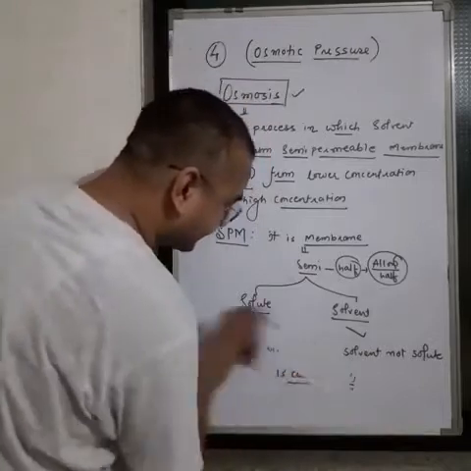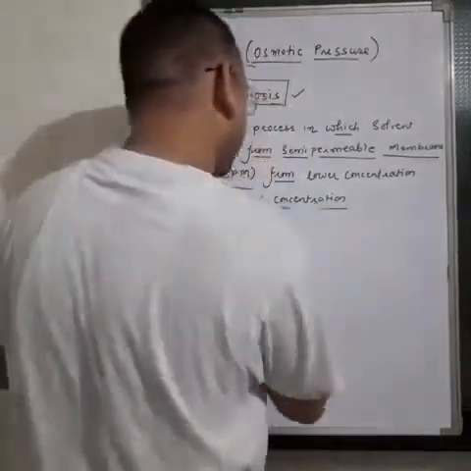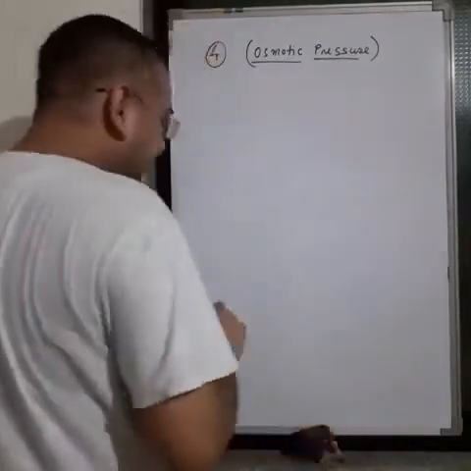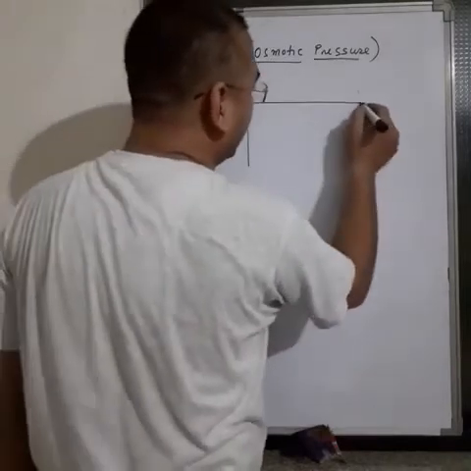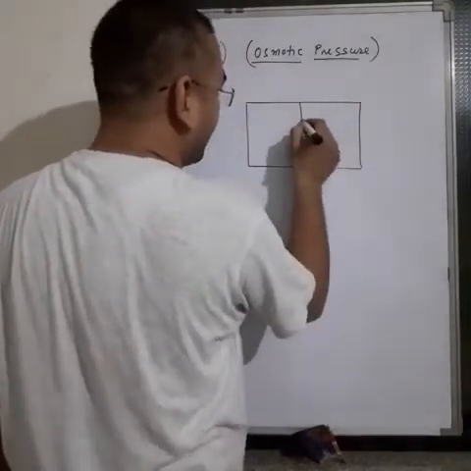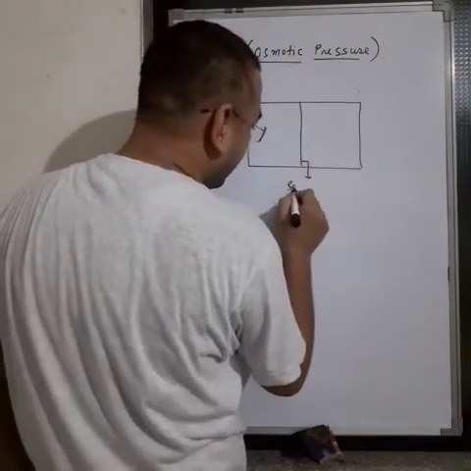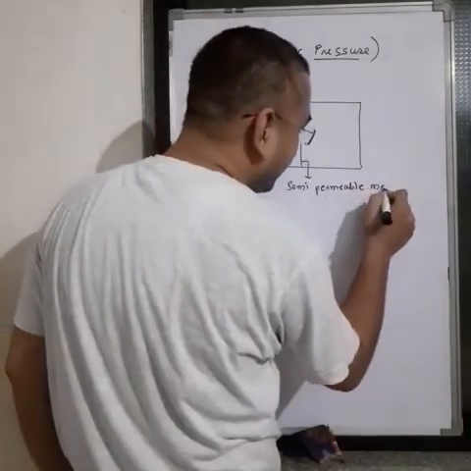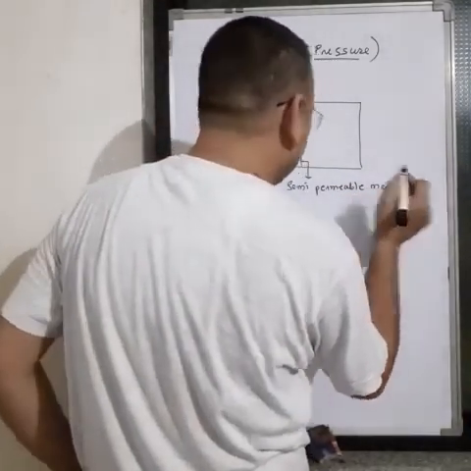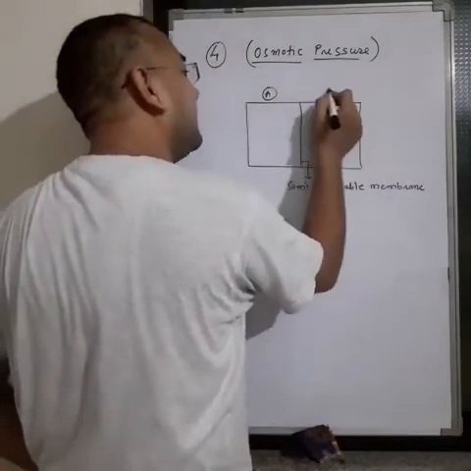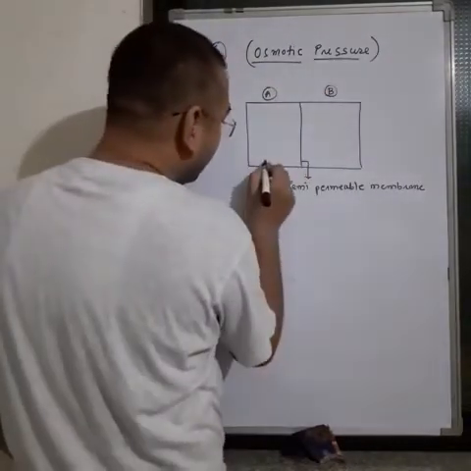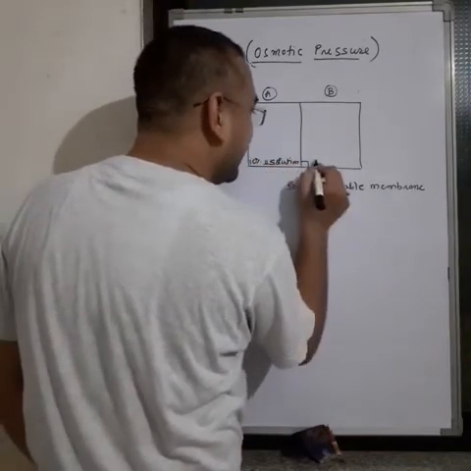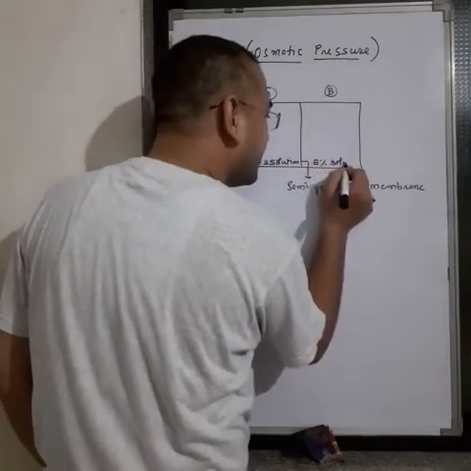Okay, fine. Now we have to understand this concept very deeply. Let's see. Suppose we have two containers like this. Here we have a semi-permeable membrane, SPM, compartment A and compartment B. Here we have a 10% solution and here we have a 5% solution.